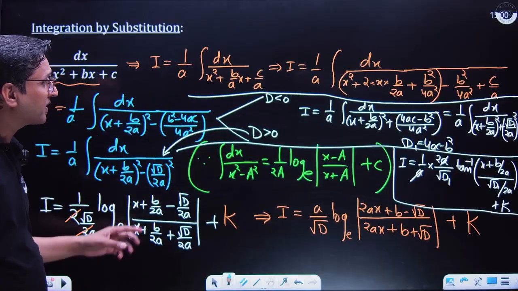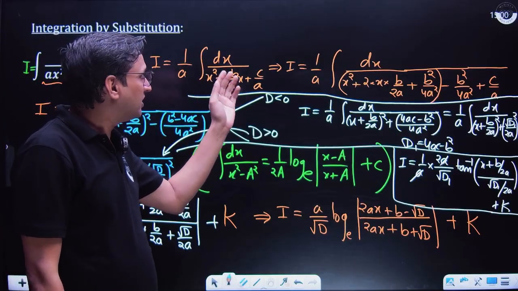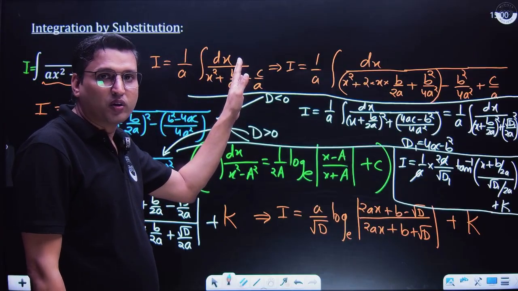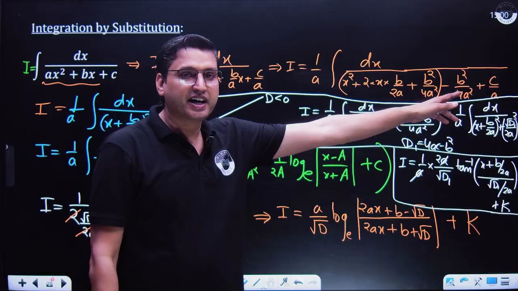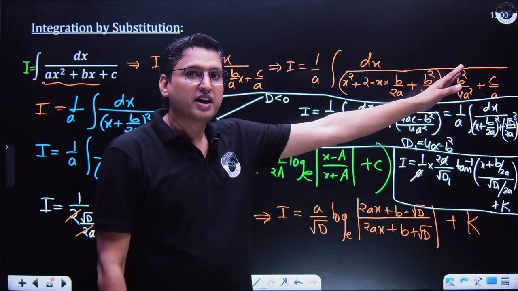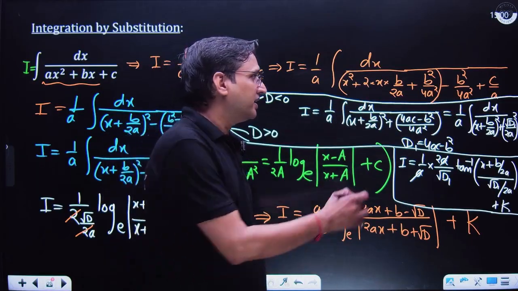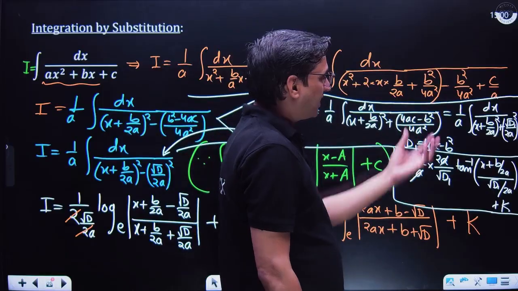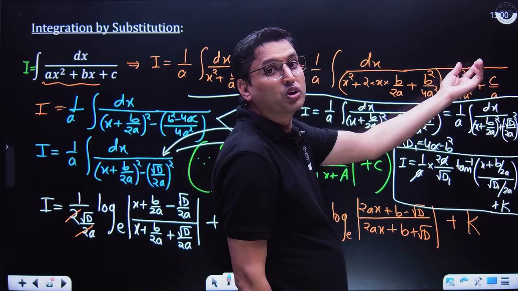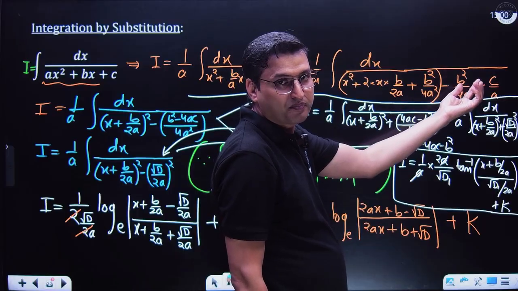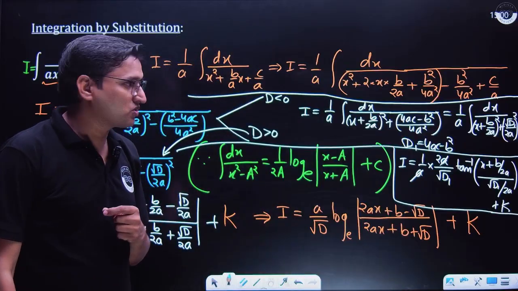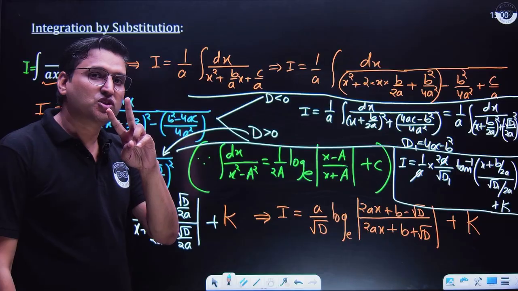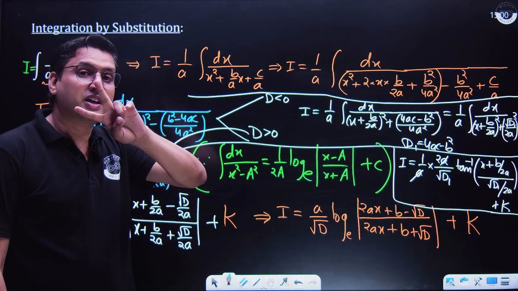You can see by taking a common, putting the value 2 in the numerator and denominator, and by subtracting and adding b square upon 4a square, keeping in mind that it becomes a complete square, root d upon 2a whole square. Yes or no? Now one thing is that it can be done in two ways.